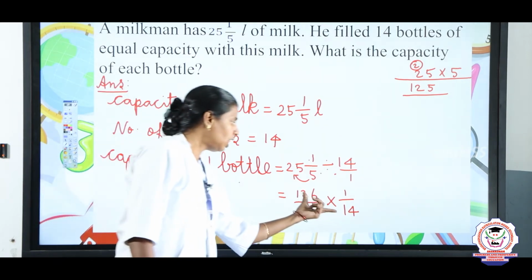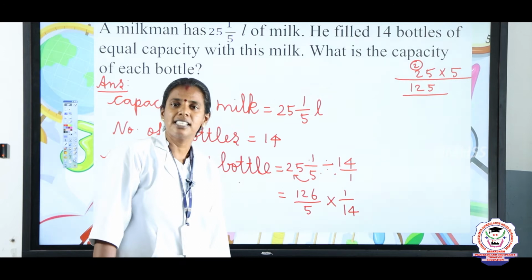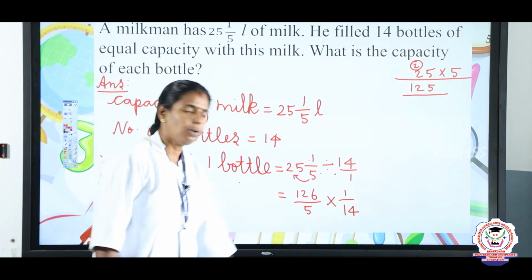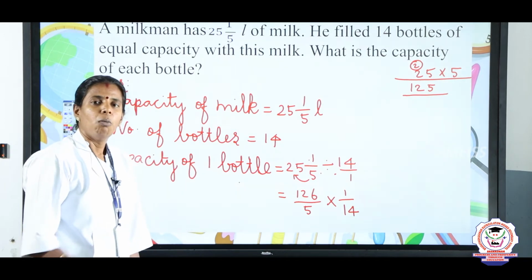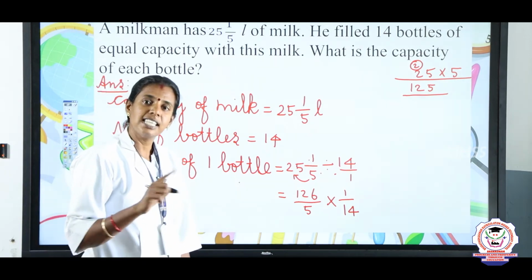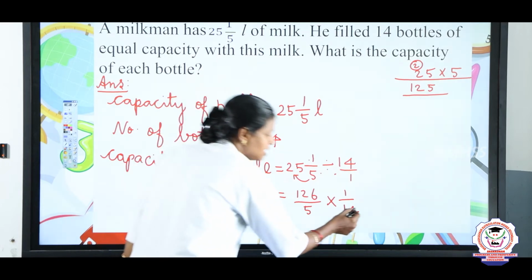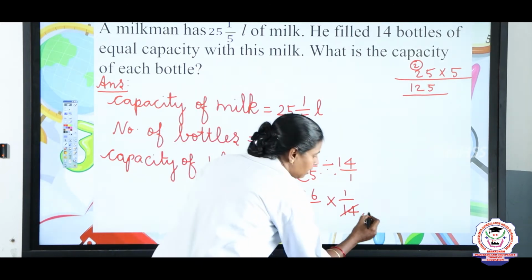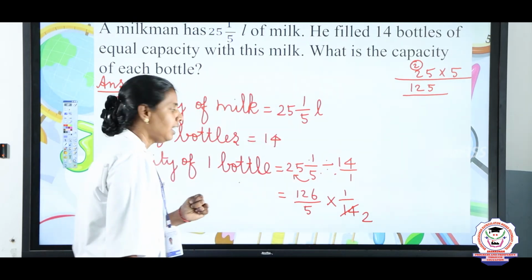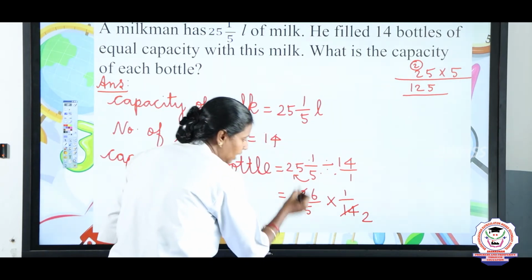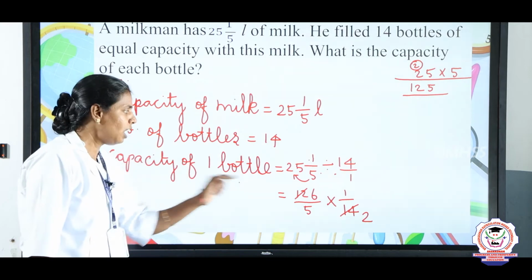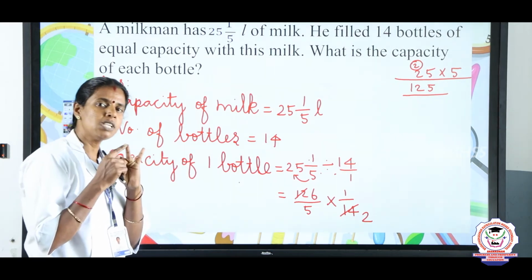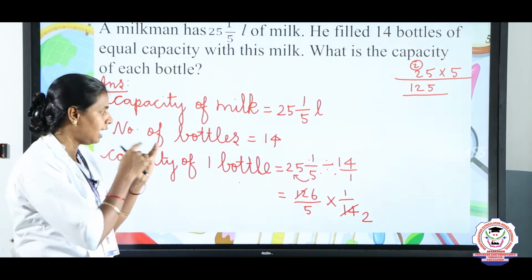Already we have known that the numerator and denominator we can cancel with the same number, right. So, what are the multiples of this 126 and 14? Both have the common factor in the 7 table. How many 7s can we cancel here? 7 2s are 14, very good, 2. And here 126, first we will take 12. In 12 how many 7s are there? 7 1s are 7. 7 2s are 14, which is greater than 12.